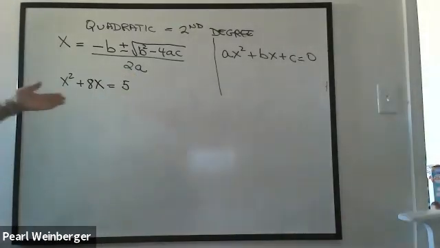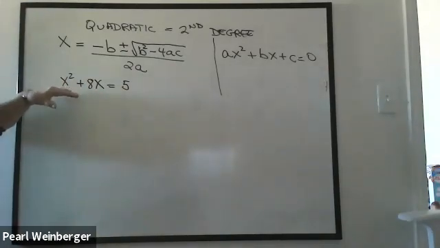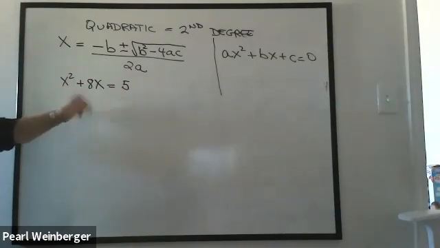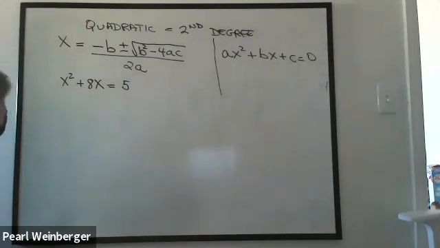Now, first of all, if I want to use the formula, and remember, I really probably could use the completing the square method on this one because it starts with a leading coefficient of 1 and the number in front of the x is even. But the quadratic formula method works for any kind of quadratic equation. As a matter of fact, if I have to solve a quadratic equation and I can't easily factor it, this is the method I usually use.